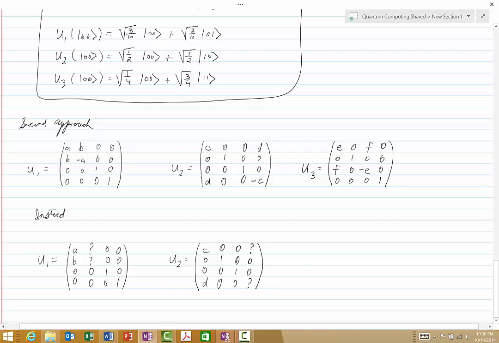And then finally, for U3, following in the same spirit, we'll get E0, F0, and then 0, 1, 0, 0, F, question mark, 0, question mark, 0, 0, 0, 0, 1.